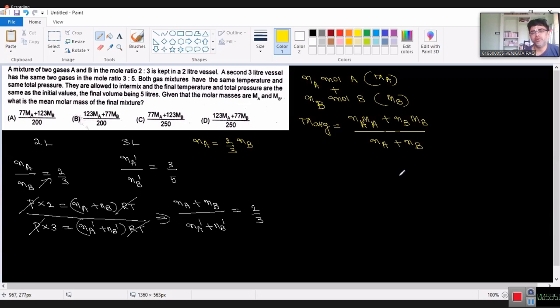What we need to try to do is reduce the number of variables as much as possible. So write Na in terms of Nb, and here also the same: Na dash is equal to 3/5 of Nb dash.